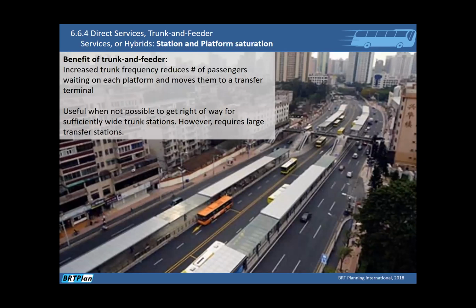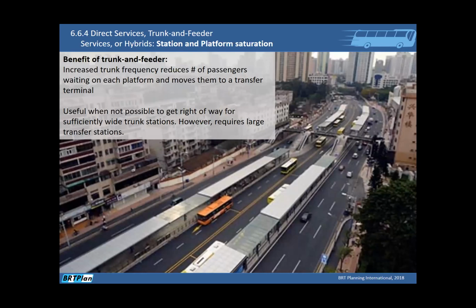A lot of times you don't have the width to build a full BRT station in the middle of your trunk corridor. In Guangzhou, which is like the preeminent BRT system with direct services that Carl and his team designed, and that we were involved in, that required a very significant amount of width at all the stations, which was easier to do in China than it is in some other places.